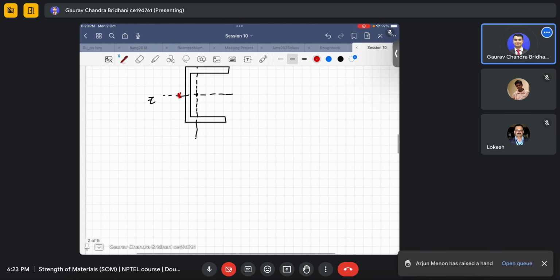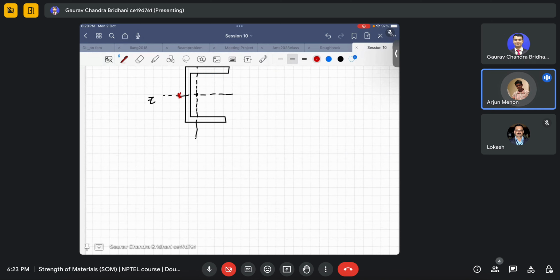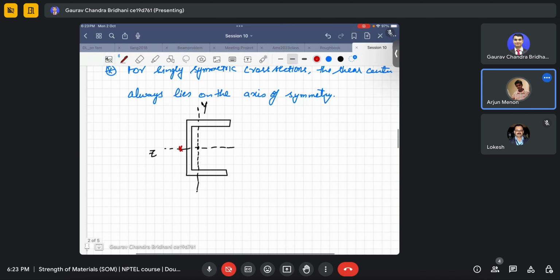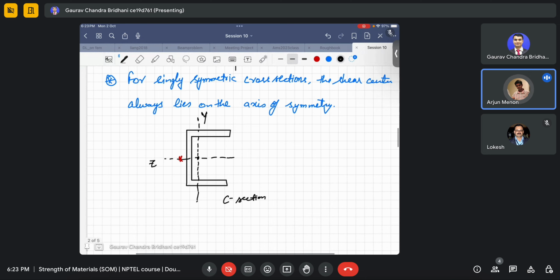Arjun. Yeah, C section. Yes. Only bending.